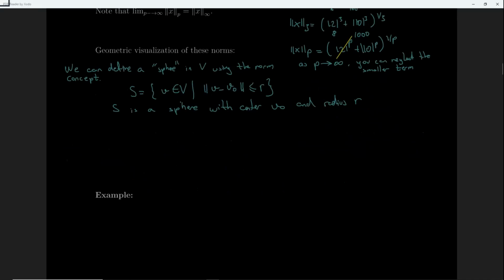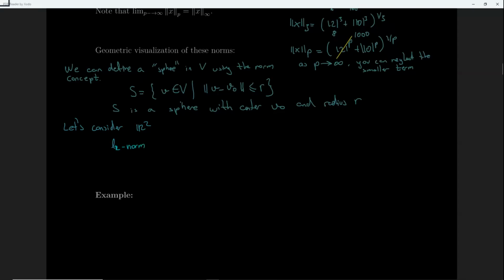We can also try to plot the unit spheres using the different norms. Let's consider R squared for the time being, and define the sphere first for the L2 norm.